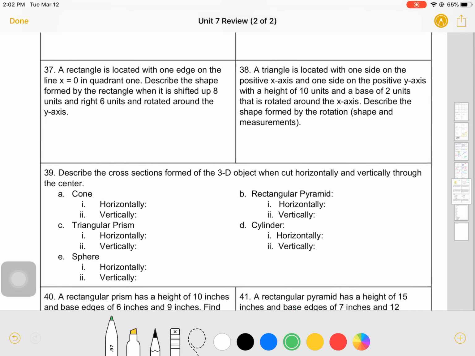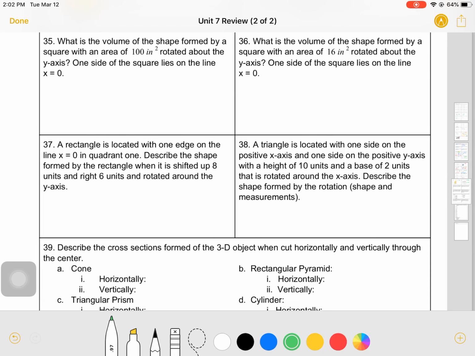Okay, 35 through 39 all goes over things we talked about on day 7.5. 35, for example, you draw this picture, and I have this square here. Since it has an area of 100, I know each side is 10. This is a cylinder when I rotate it around, and then you will find the volume using that information.